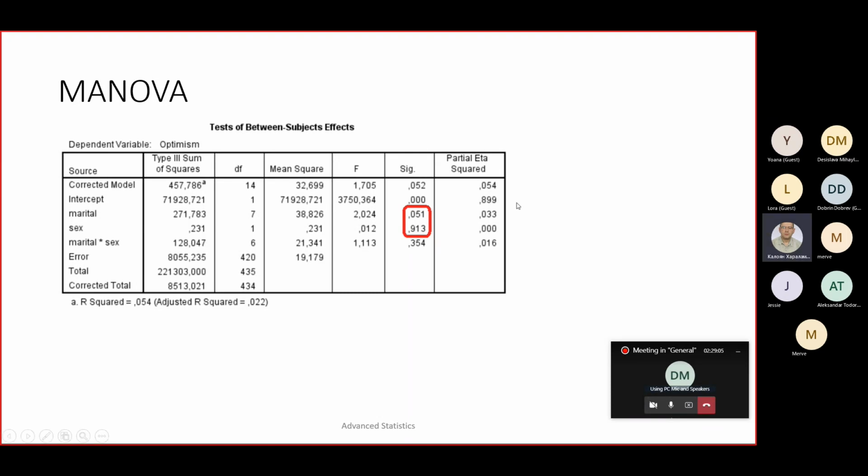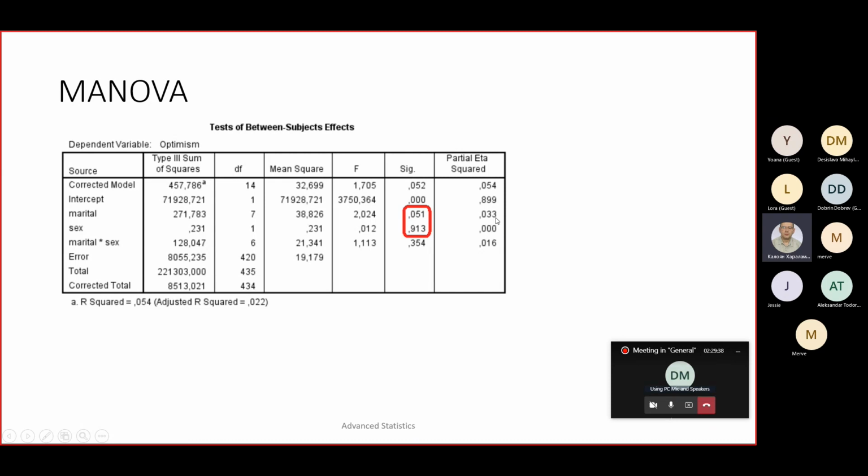So when we interpret this coefficient, we can see that 3.3% of the variance of the optimism is explained by marital status under the same conditions, that means all other factors are constant.